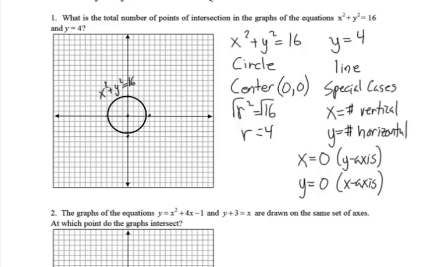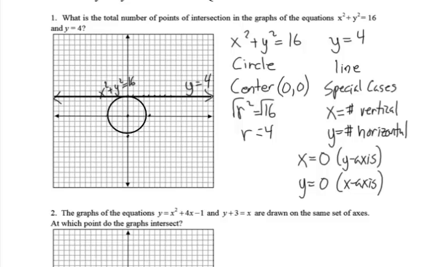But we've got y equals 4, so it's a horizontal line at the point where y is 4. Well, where are the y values? It's 4 here, and 4 here, and 4 here. Every point along this line, the y value is 4. So there's our line, y equals 4.